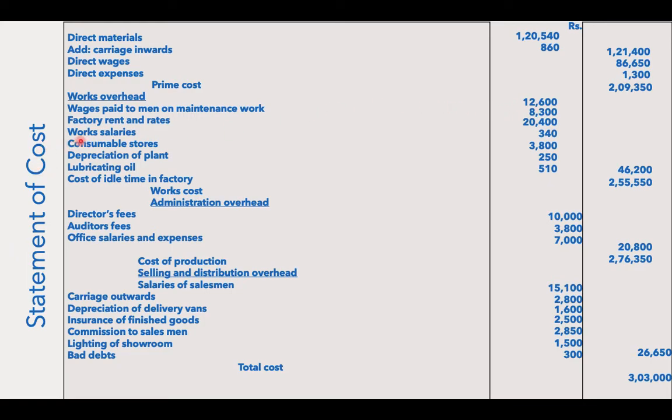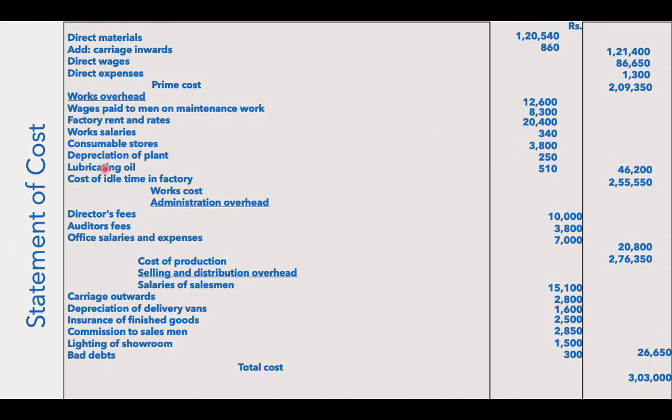The next we have works salaries. Works salaries refers to the factory overheads. It is 20,400. And the next we have consumable stores. It will come under the factory overheads. So we have 340. Then depreciation of plant, it refers to the factory plant. So it is actually 3,800.